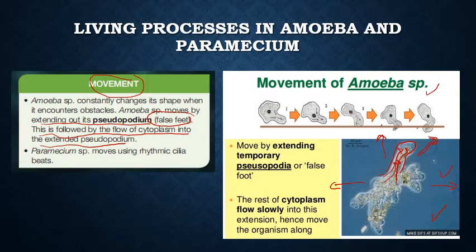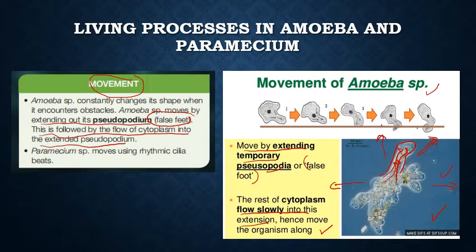Amoeba moves by extending temporary pseudopodia, or false feet. The rest of the cytoplasm flows slowly into this extension, hence the organism will move along. This is for amoeba. Paramecium, on the other hand, is different.